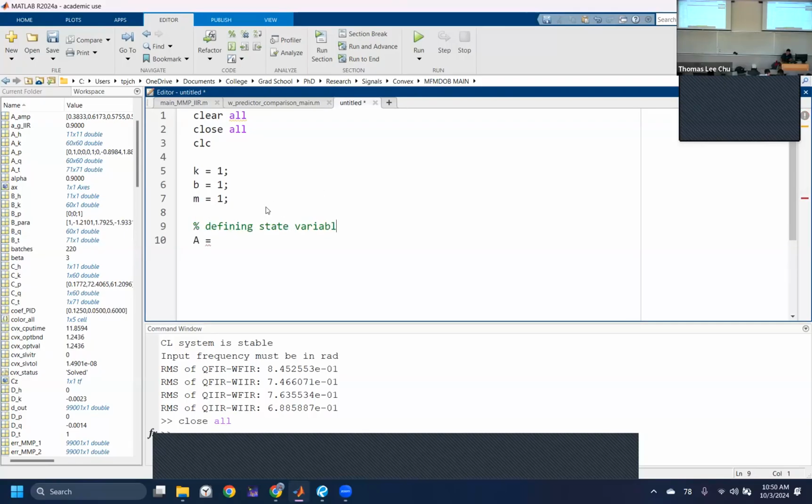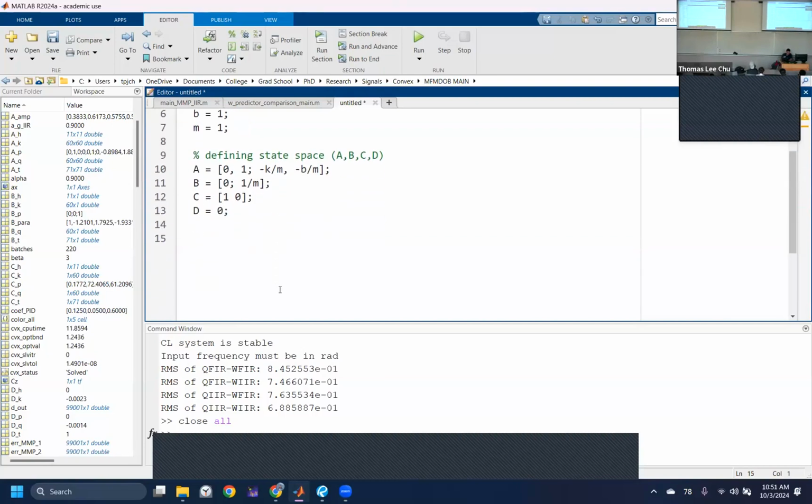Defining state space, which is A, B, C, D. And then basically for my A matrix, it was 0, 1, and then minus K divided by M, and then minus B divided by M. So those are my A matrix. My B matrix is going to be a column vector, which is 0 and 1 over M. My C matrix is going to be 1, 0. My D matrix is just a constant. So now that's my state space.